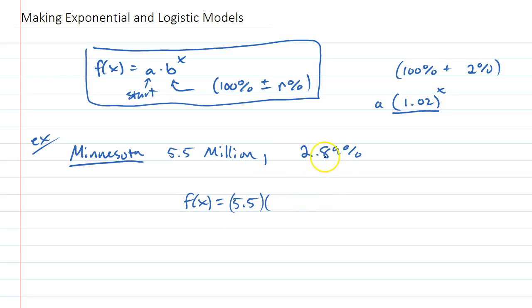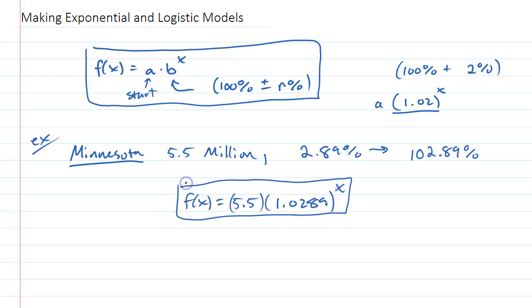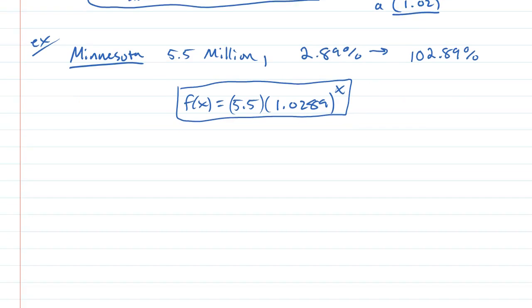The growth rate is going to be 100% plus this. So we're going to think of b as 102.89%. And when we write that down as our b, it's going to be 1.0289 to the x power. So we've really quickly created a model for the population of Minnesota, and we didn't have to do any plugging in of points. So that's great if we want to do an exponential model.